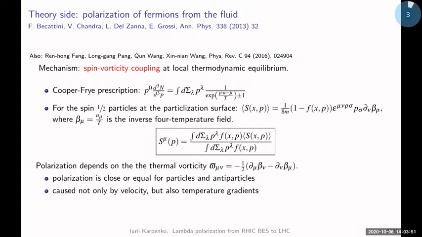Because the talk is about hydrodynamic models and polarization, I start with the basic formula, which is used in all the calculations, and not only hydrodynamic calculations. The basic mechanism is the spin vorticity coupling.